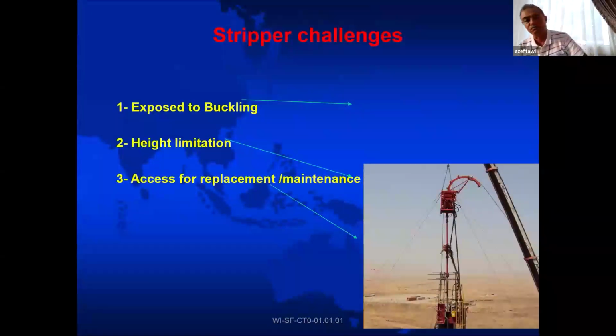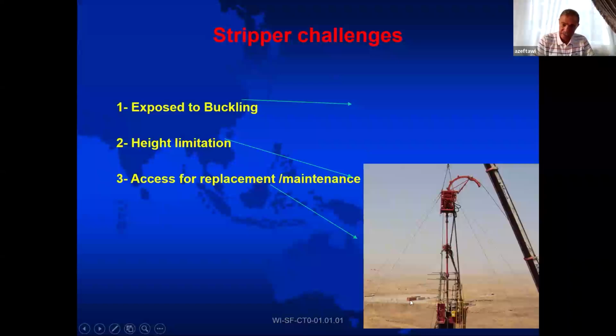Some of the challenges we face: if you look at this picture, to imagine the height of this injector, look at the size of the camp over there. This is a camp, but look at the minute size of the camp. This tells you what height we are at.